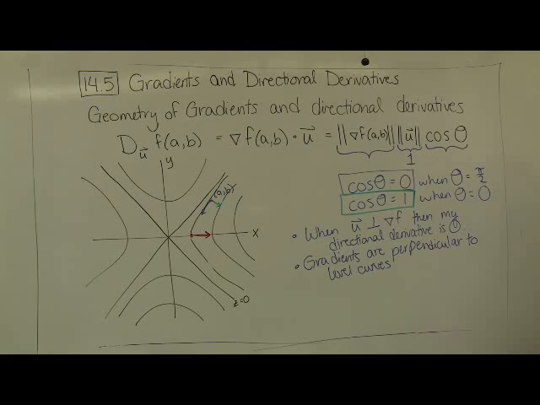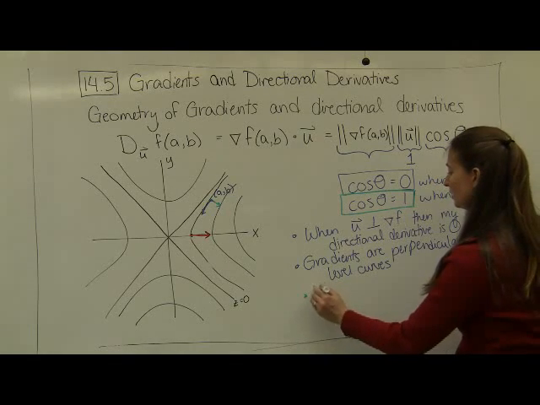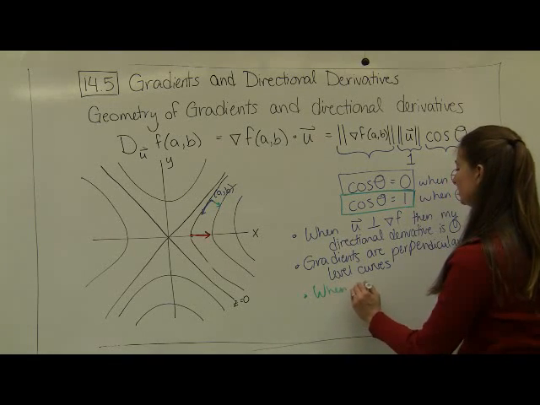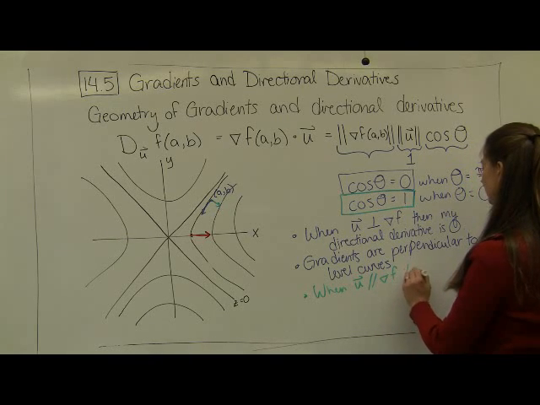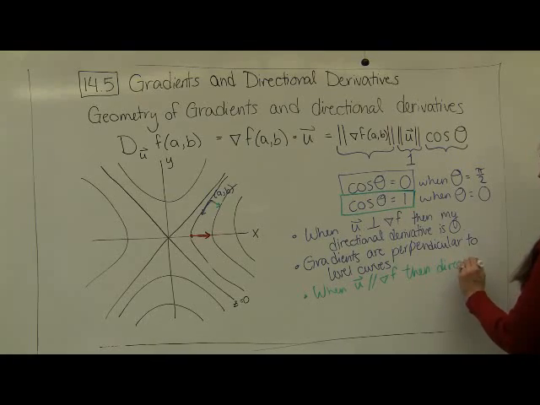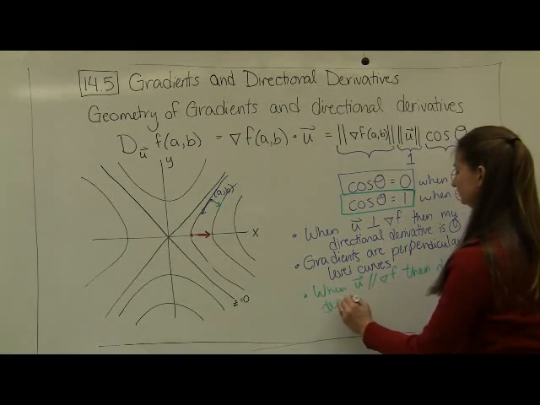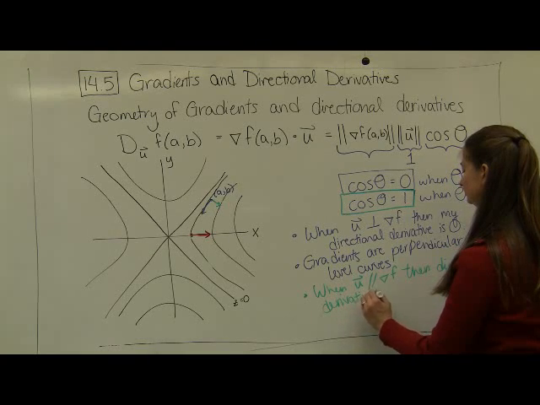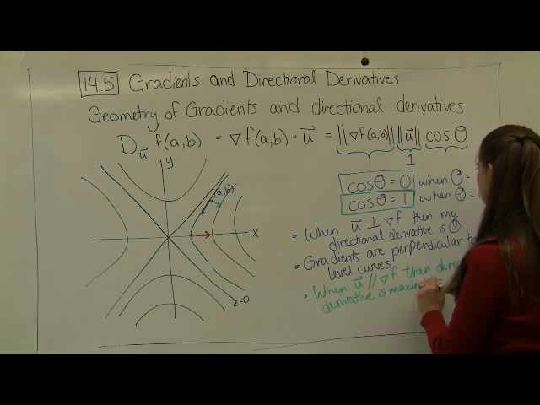So if my cosine of theta is equal to 1, that means that when my unit vector u is parallel to the gradient, then the directional derivative is maximized. What do I mean by maximized?